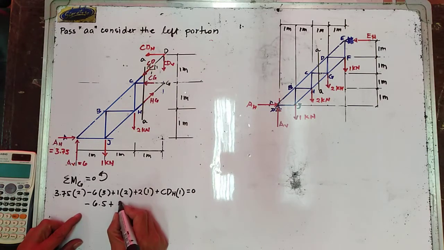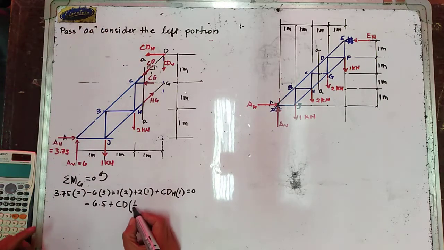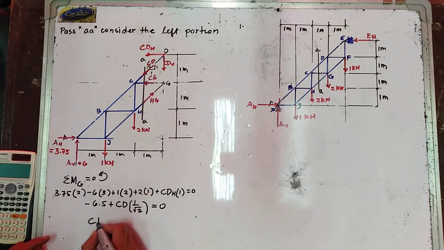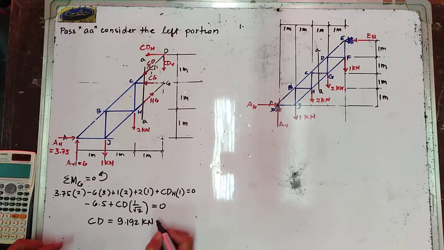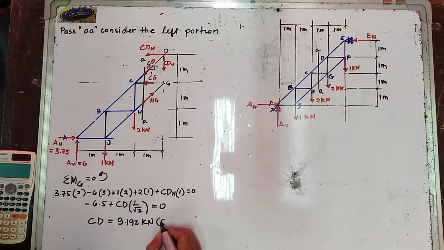So your CD horizontal is CD multiplied by the horizontal slope over the hypotenuse, that is 1 over the square root of 2, is equal to 0. Hence, your CD is equal to 9.192 kilonewtons. We get a positive value, hence the assumed direction is correct, and that is in compression.